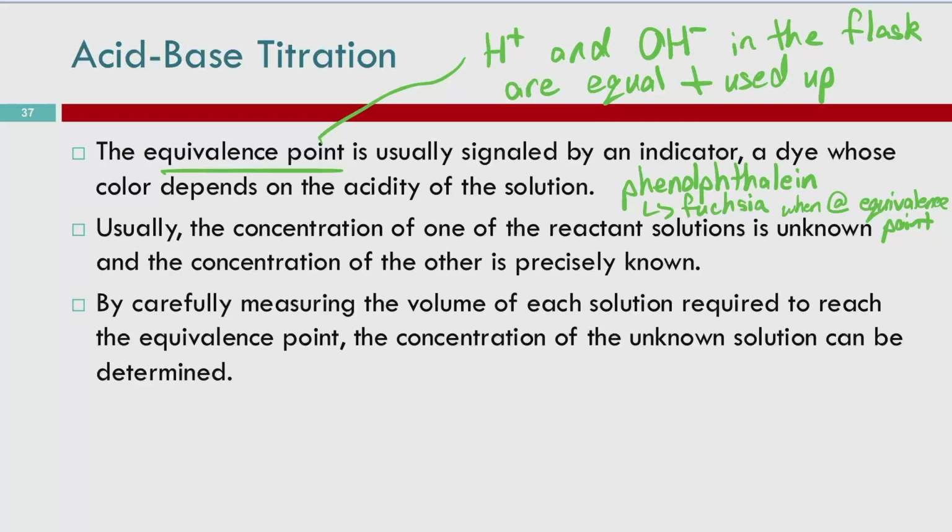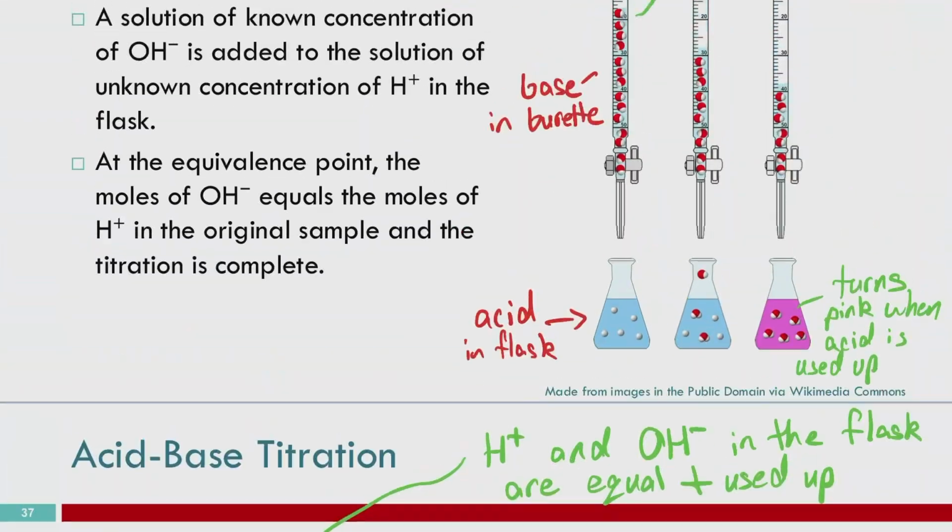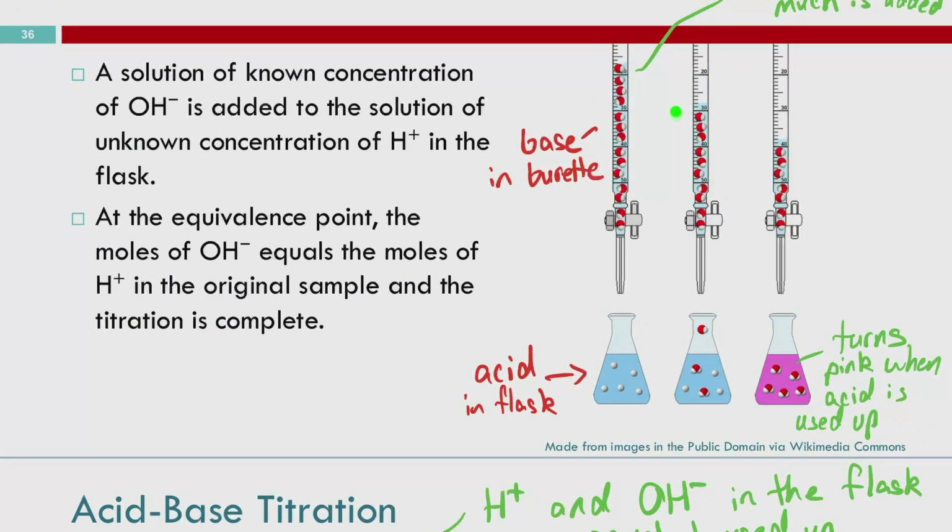Typically, when we're doing a titration, we are going to know the concentration of one of our solutions, and we will not know it for the other. So oftentimes, we'll know the concentration of what's in our burette, and we'll have to do a titration to figure out the concentration of what's in our flask, which we'll be doing today.